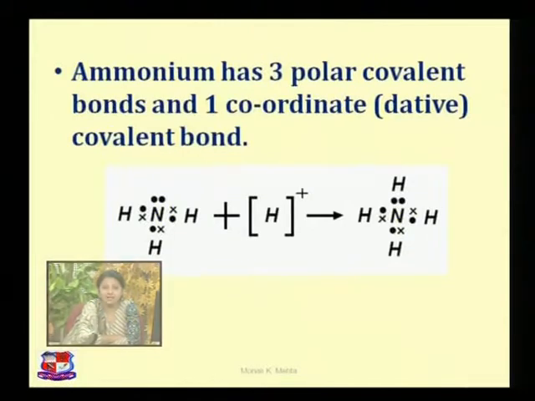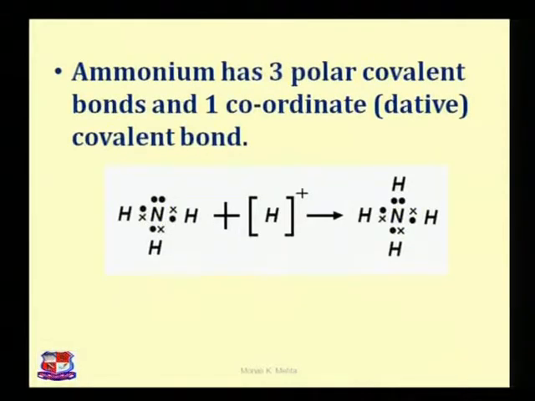Nitrogen has a lone pair of 2 electrons. Both electrons will be given to the hydrogen ion, creating a coordinate covalent bond. So in this example nitrogen has 3 covalent bonds, but these 3 covalent bonds are polar covalent bonds because nitrogen is a highly electronegative atom whereas hydrogen is not. So nitrogen has 3 covalent bonds and one coordinate covalent bond.